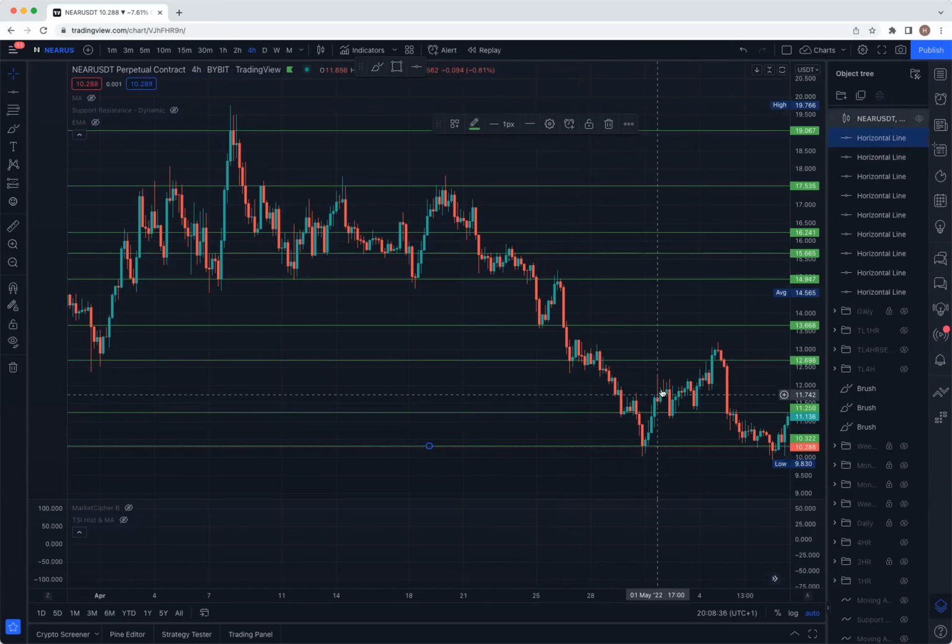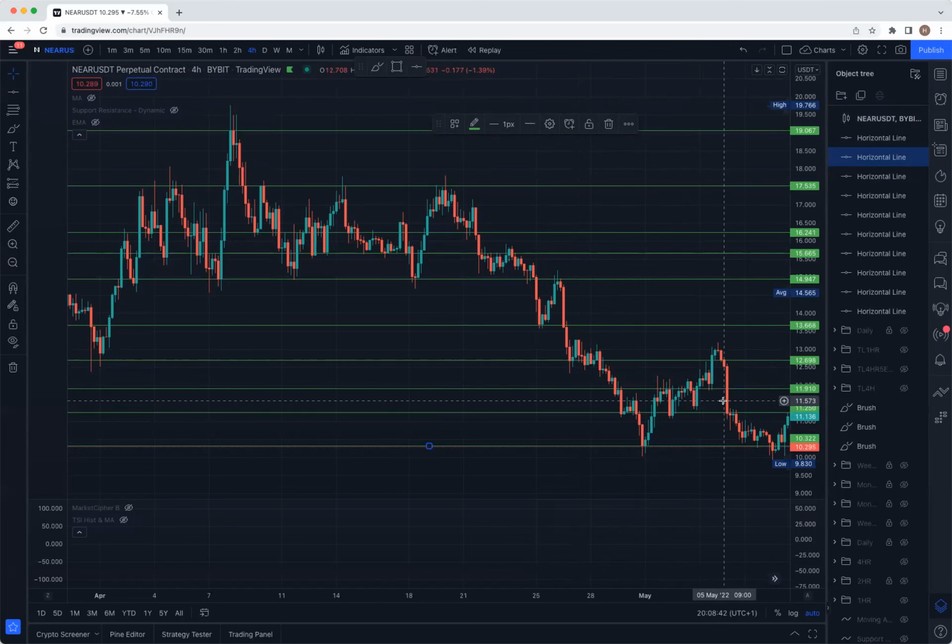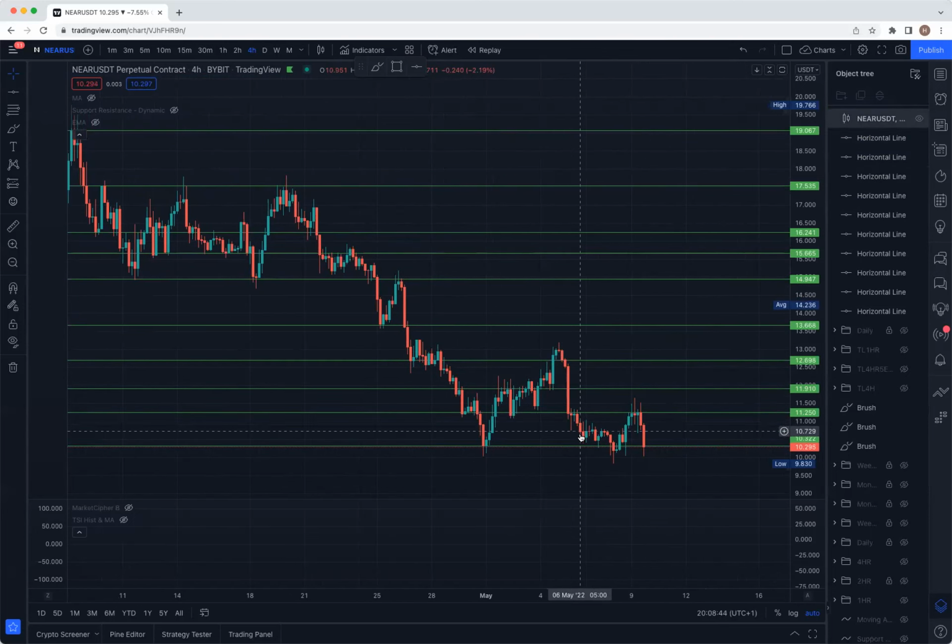This one goes all the way up here, possibly you can put one there. This one is basically judgment. So you can use your judgment to draw support and resistance lines. And then there, we're good. So now we've drawn the support and resistance on the 4-hour. As I was saying, the daily, you use orange lines. The 4-hour, you use green lines.